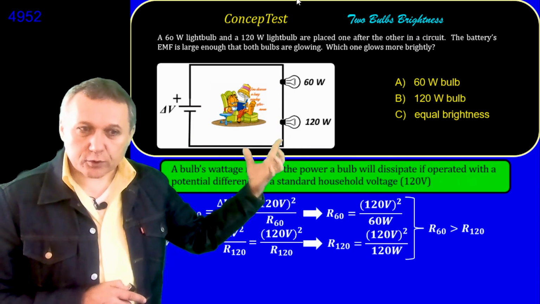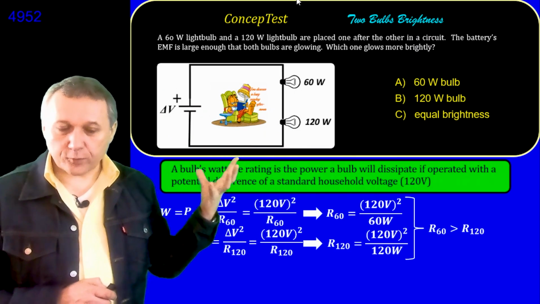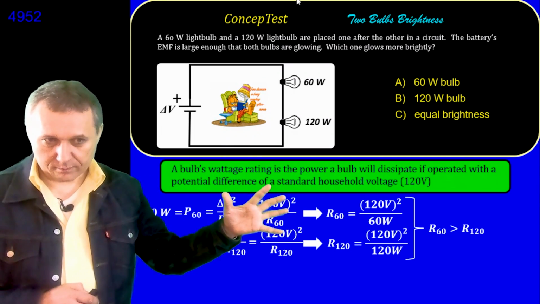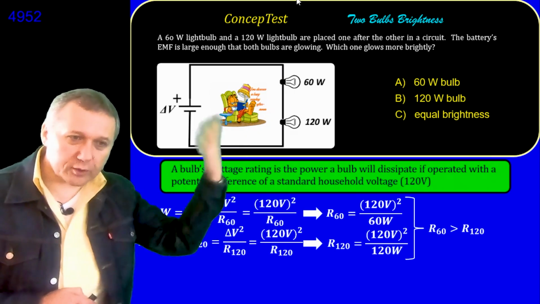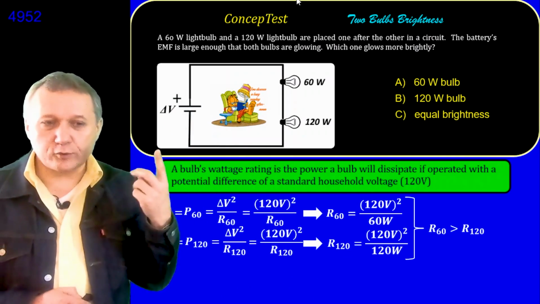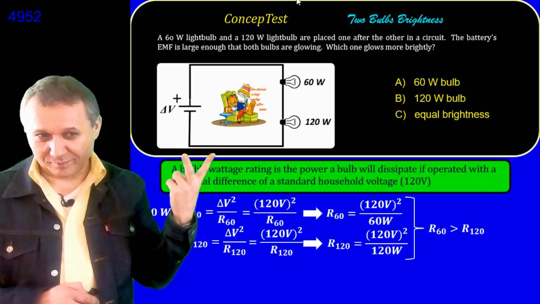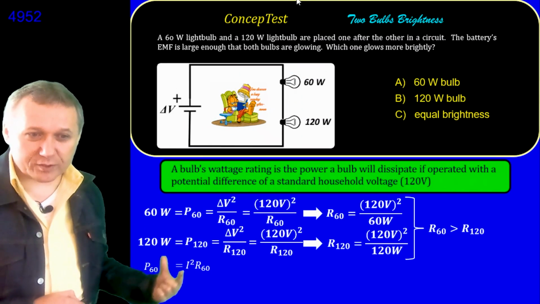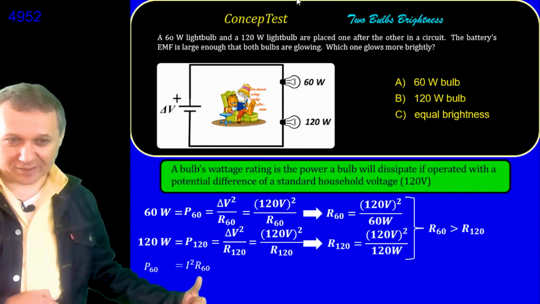So it seems like the formula I squared times R will be the easiest. Of course, you can use any of those formulas, but if you use the others, you will have to make two steps instead of one. So why would we want to make two steps? It's better to use I squared times R.